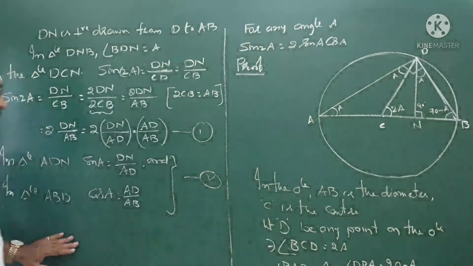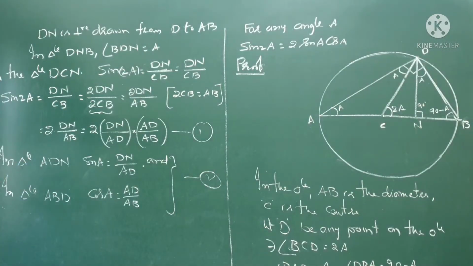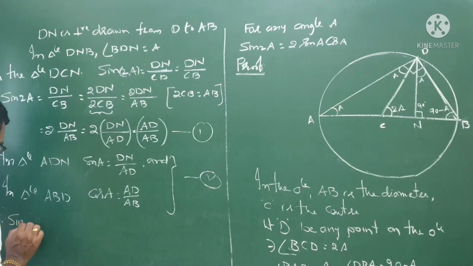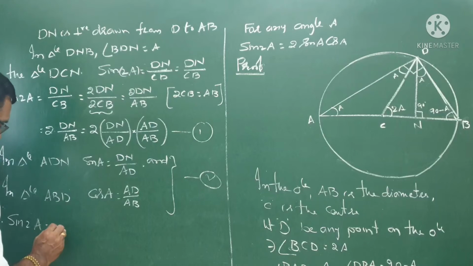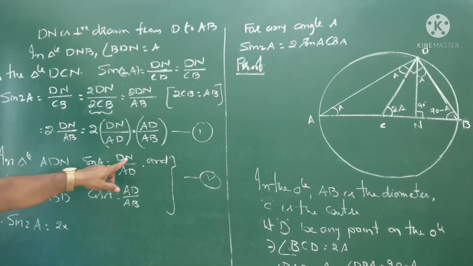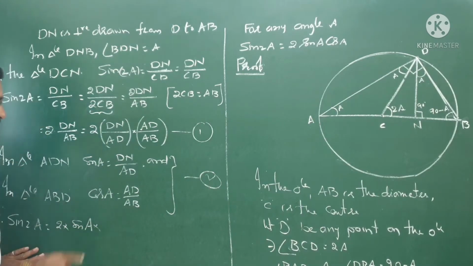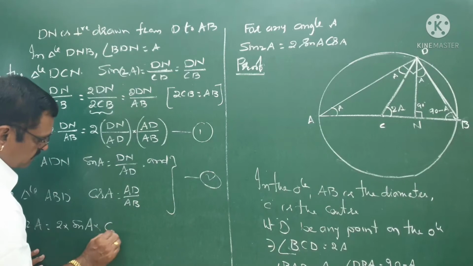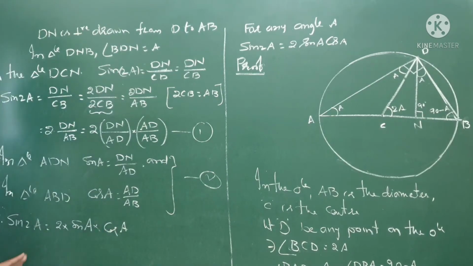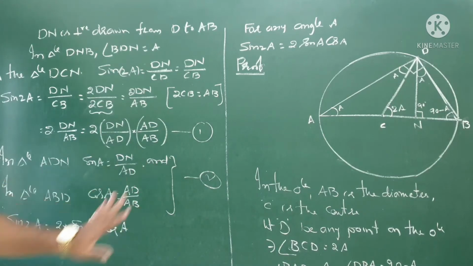Number 2. Substitute these 2 in 1. We get sin 2A is equal to 2 times DN by AD, which is sin A, times AD by AB, which is cos A. So we got the answer: sin 2A is equal to 2 sin A cos A. Proof is over.